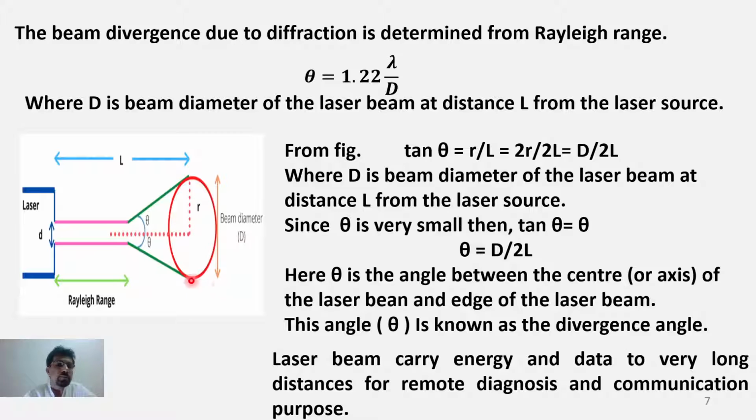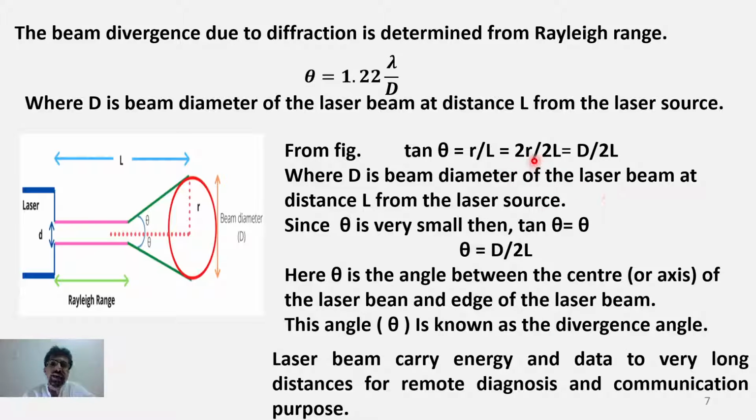Now see here, this d is the beam diameter, and this beam diameter is measured at a distance L from the source. From the geometry of this figure we can write tan theta equal to R divided by capital L. Here R is the radius, so we can write it in terms of the diameter.